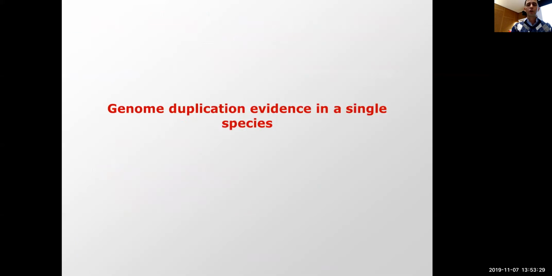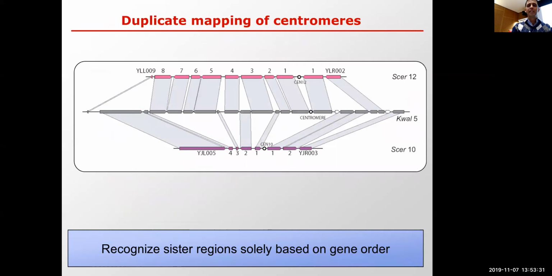But what we found was quite dramatic, that even when there was not a single duplicated gene, you could find this duplicate mapping, right? Look at this region. You basically have 10 unique genes here and about 10 unique genes there. None of them are similar to each other.